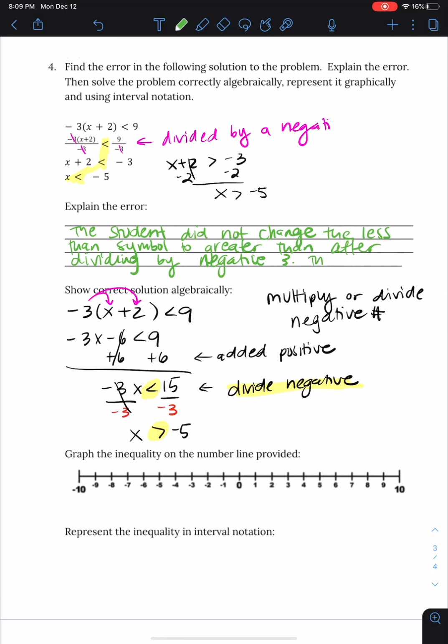The symbol changes when multiplying or dividing by a negative.